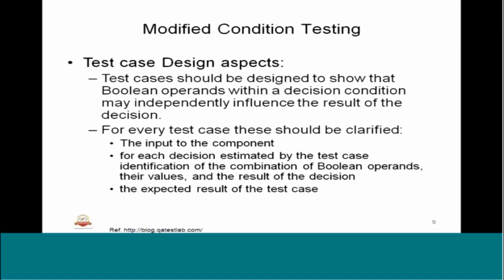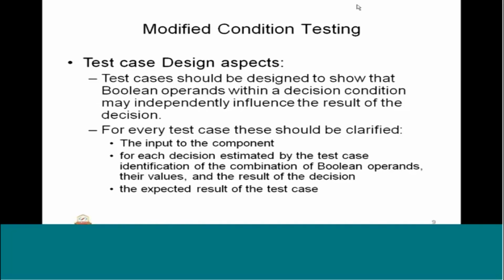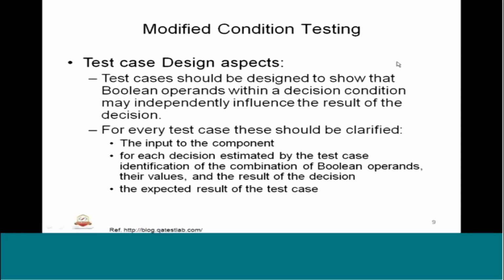Test case design aspects: test cases should be designed to show that Boolean operands within a decision condition may independently influence the result of the decision. You need to understand this. Suppose variables A and B are used to derive C, where C is the result.